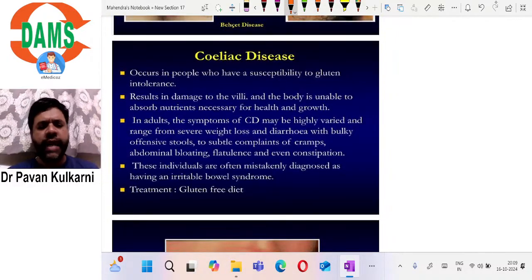Next, celiac disease. All of us know that there is a protein, a component called gluten. Nowadays, everywhere it's marketed as gluten free. Individuals who are intolerant to gluten will suffer from this celiac disease.